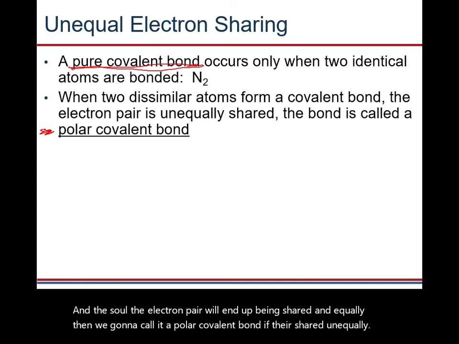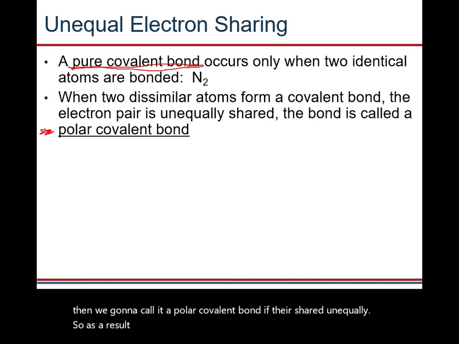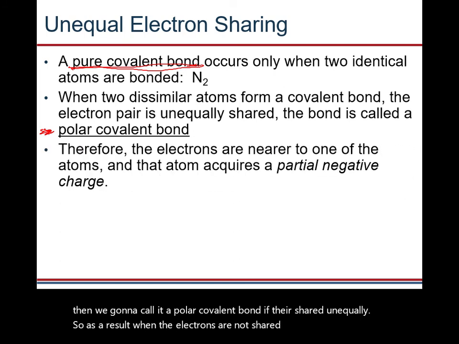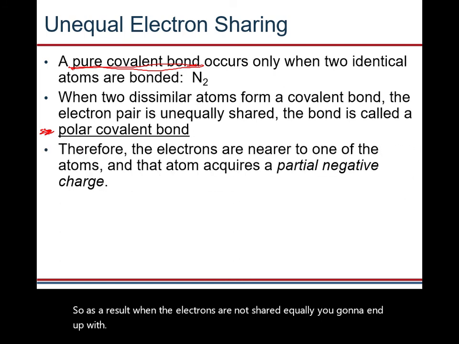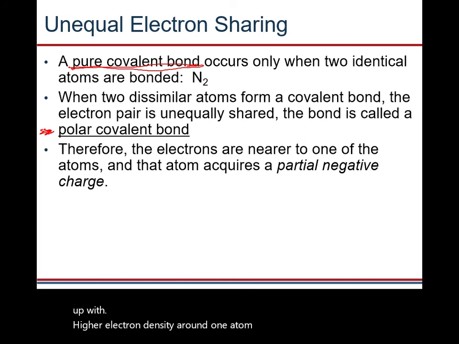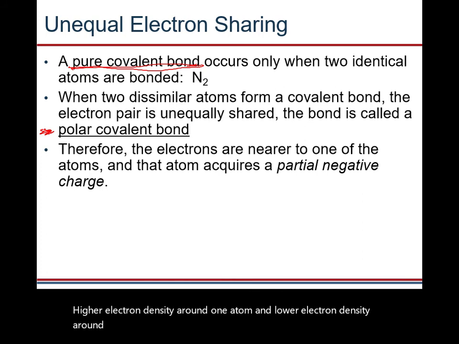As a result, when the electrons are not shared equally, you end up with higher electron density around one atom and lower electron density around the other. The gain of electron density around one is going to equal the loss of electron density around the other.